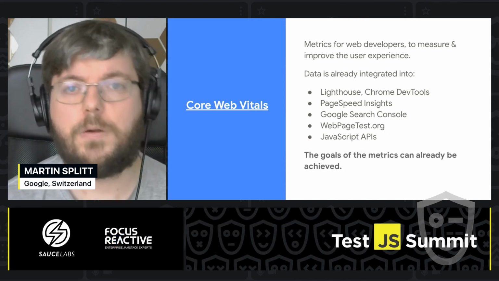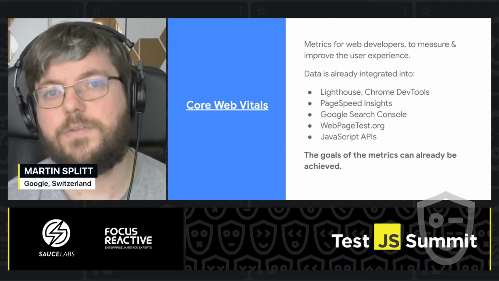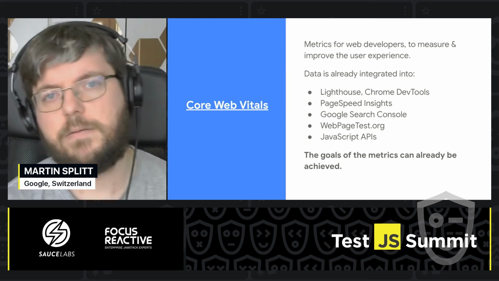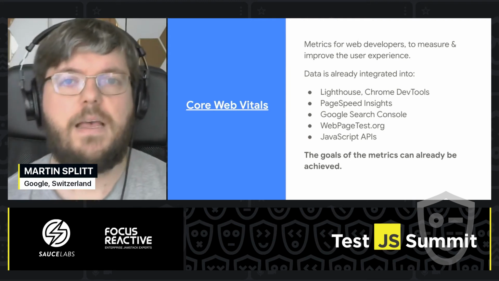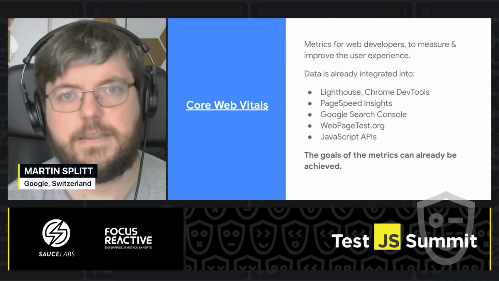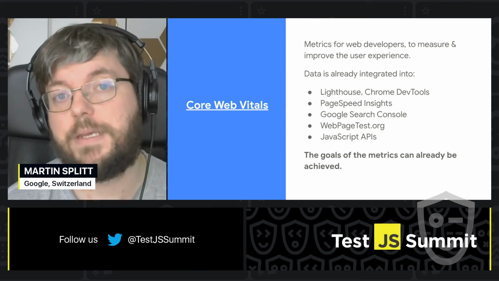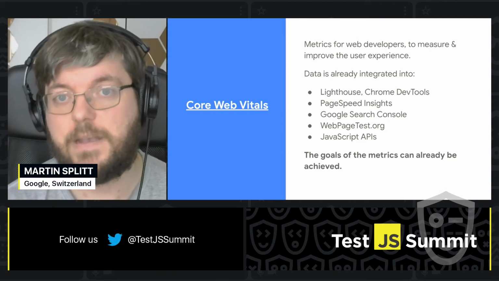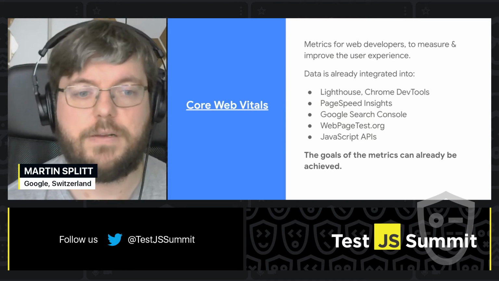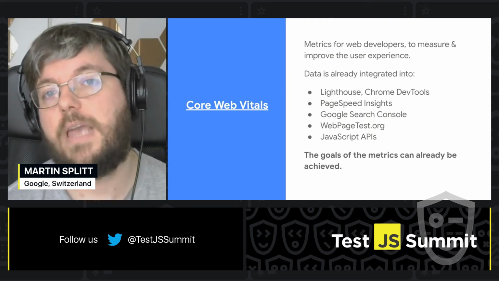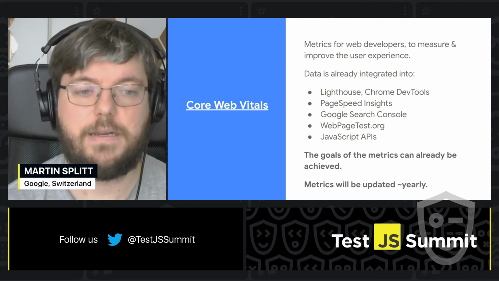The goals for the thresholds that we are using to judge if websites are doing well, need improvement, or are doing poorly are based on field data that we gathered and analyzed. So these metrics can and are already being achieved by lots of websites. Even though you might not necessarily hit the targets yet, you can achieve them. That is definitely possible.